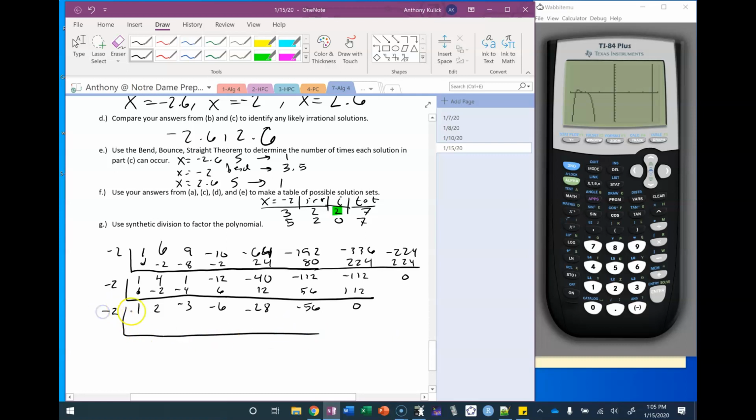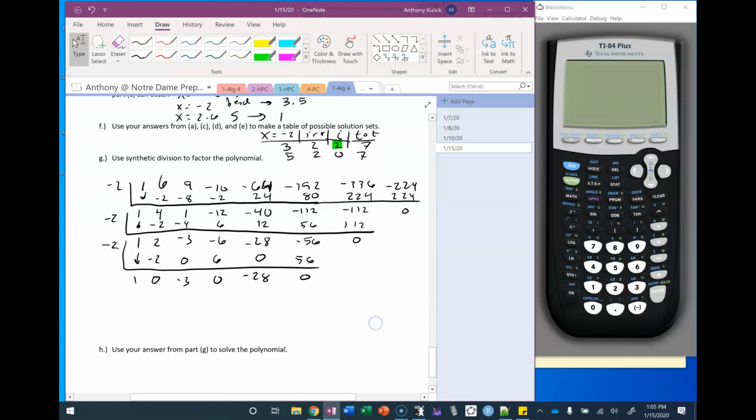And we'll go one more time, because I know I can use it 3 times. Okay. So, you could try doing this again, but guess what? Ain't going to work. So what are we going to do here? Well, -2 gives me a remainder 0 3 times, so I have x plus 2 to the 3rd.